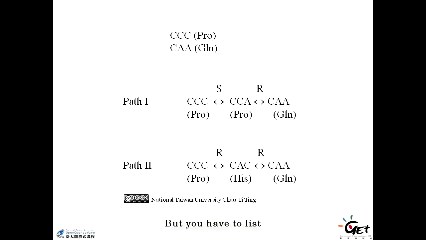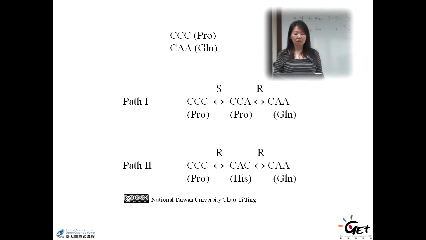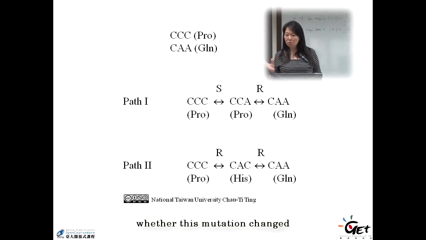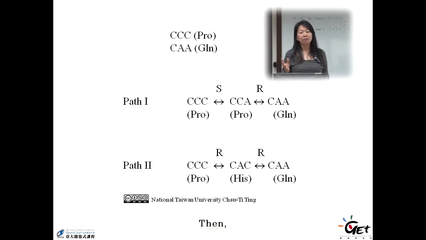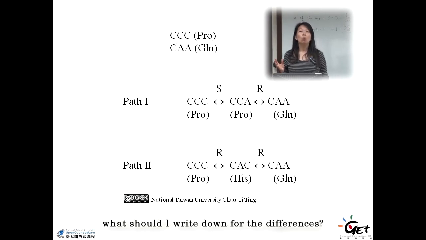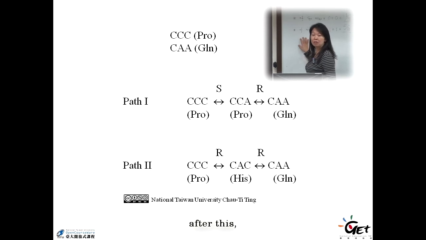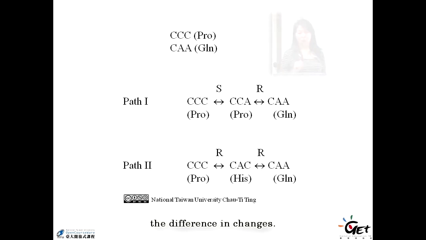But you have to list the changes here and decide whether it's a synonymous or a non-synonymous. I use replacement here. You have to decide based on the codon table whether this mutation changed the amino acid sequence. Then you have to say, okay, what should I write down for the differences, right? So this is something after this one, we have to write or calculate the difference in changes.